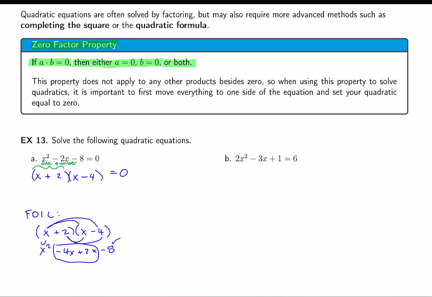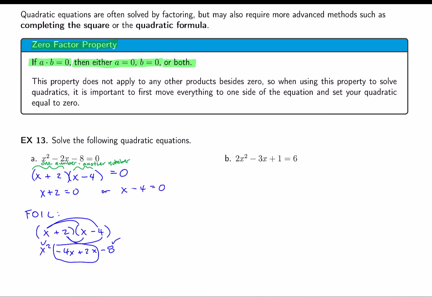So this is one number, and this is another number. So I have two numbers. When I multiply them together, their product is 0. It's equal to 0. So according to the zero factor property, either the first number is 0 or the second number is 0.